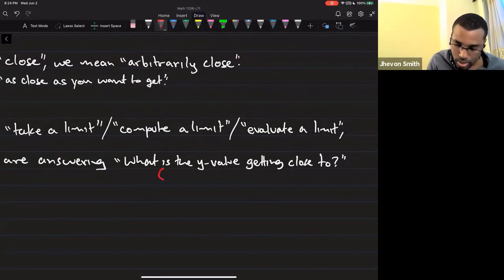And it's implied as x gets close to something.